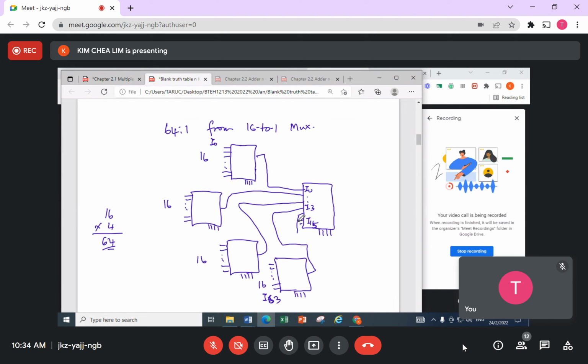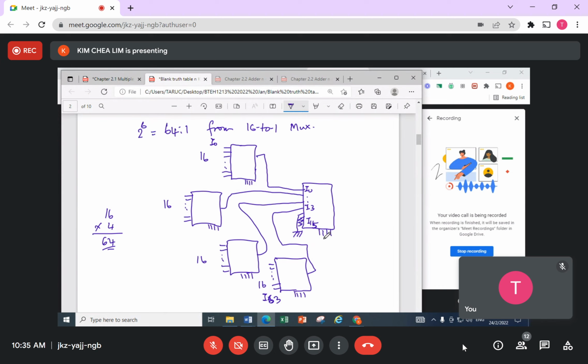What you can do is, because these are the extra input pins you are not using, you don't leave them hanging. You short them to ground. We make this input here become 0. And therefore, for my outputs here, because 64 is 2 to the power of 6, 5 is 32, so 6 only. 2 to the power of 6 gives you 64.